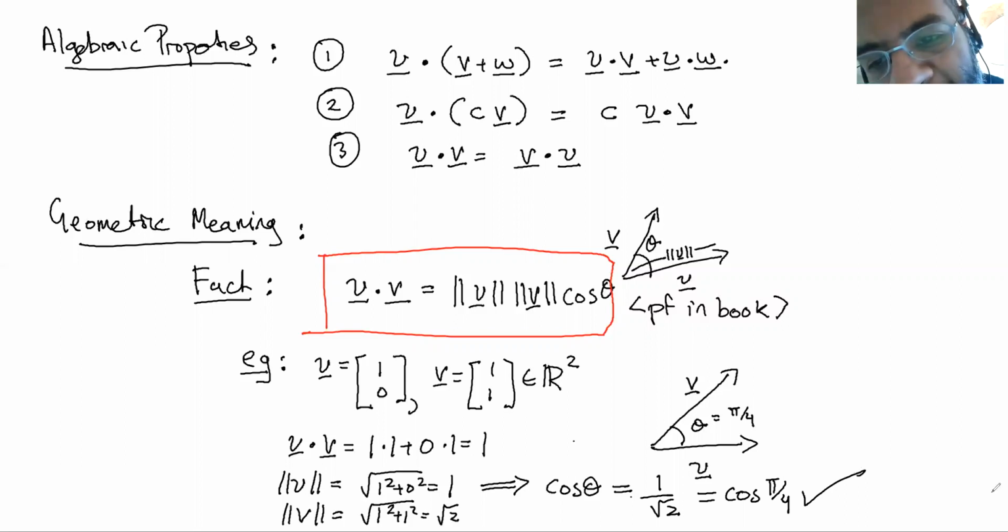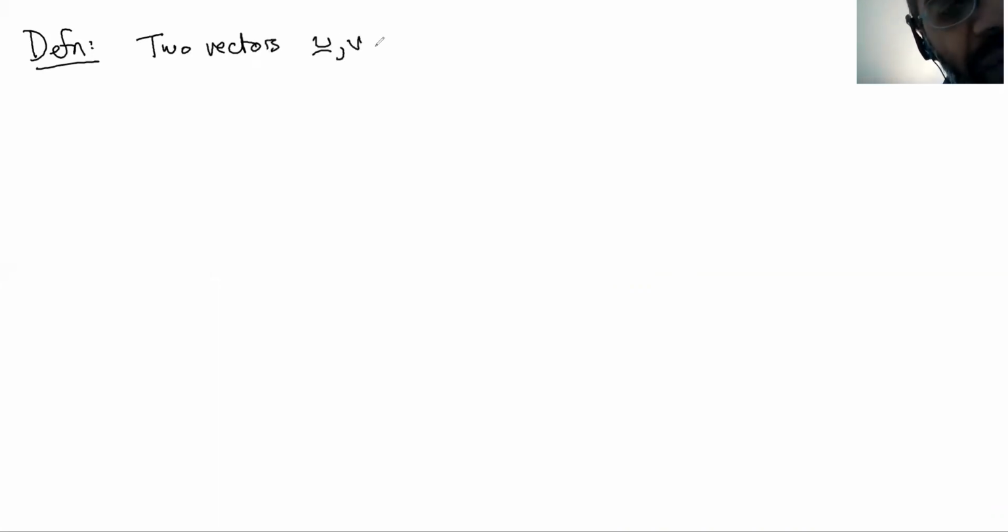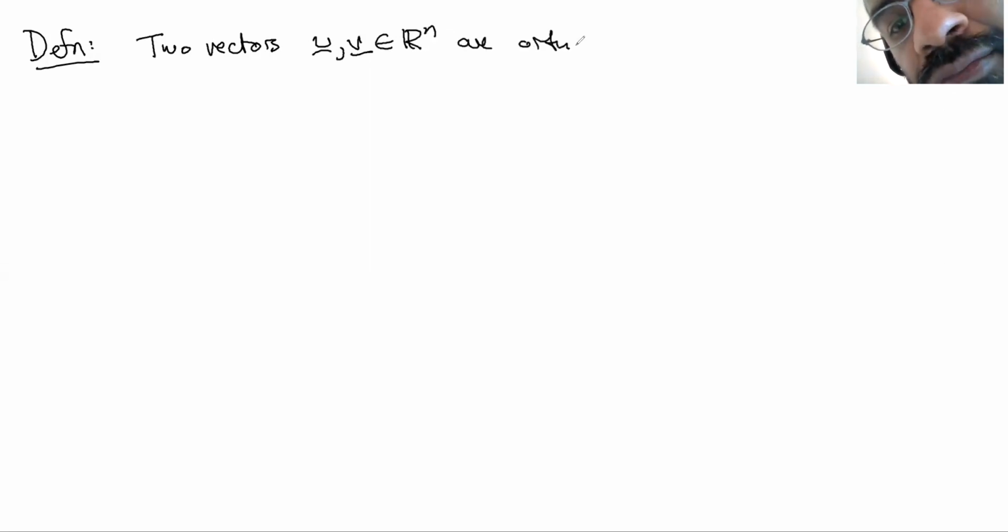Okay, so we're not really going to be interested in general angles that much in this course. There's one particular situation that's extremely important, which is when the angle is 90 degrees. This has a special name. U and v are orthogonal, which is just a fancy word for perpendicular in this context, if the dot product is 0.